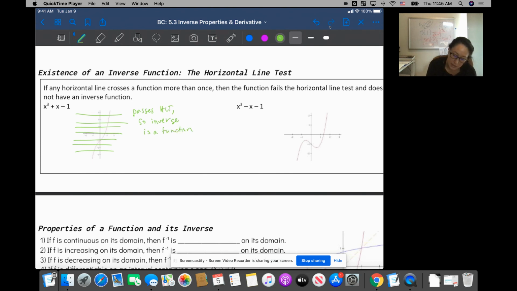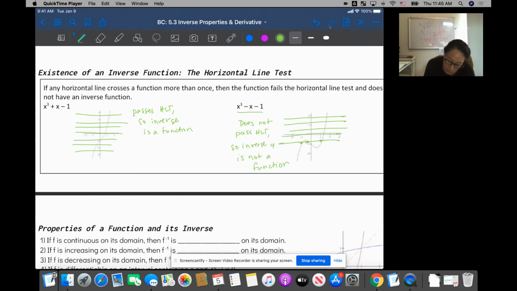Okay, this guy, x cubed minus x minus 1. Ruh-roh. We didn't pass the horizontal line test. At this y value, I have multiple x values. So it does not pass the horizontal line test, so the inverse is not a function. If I want, what I could do is restrict the domain.